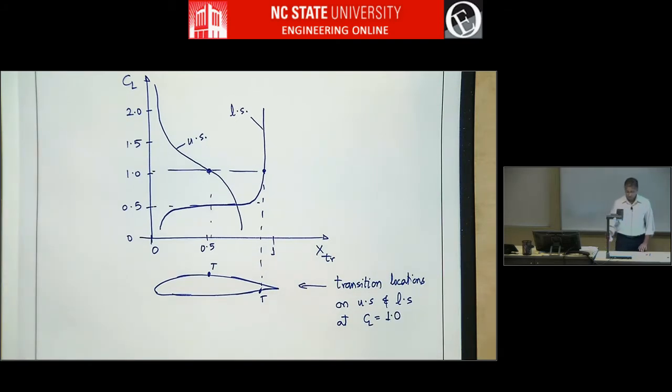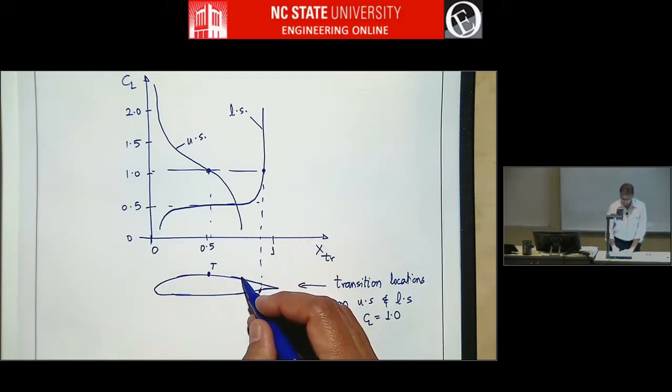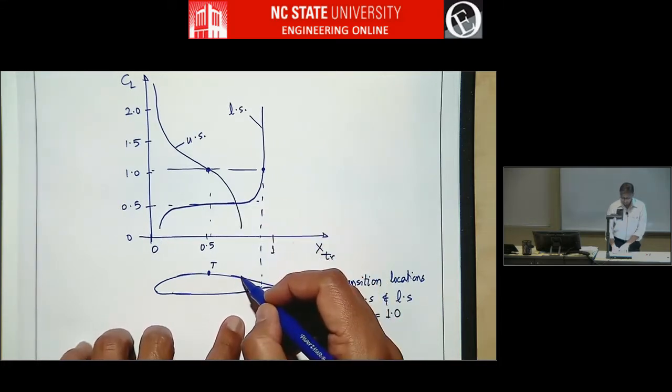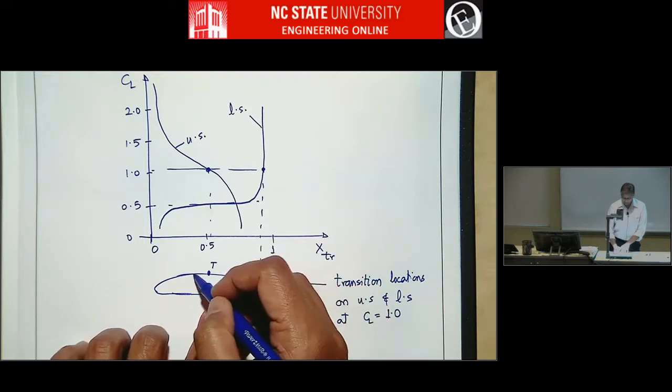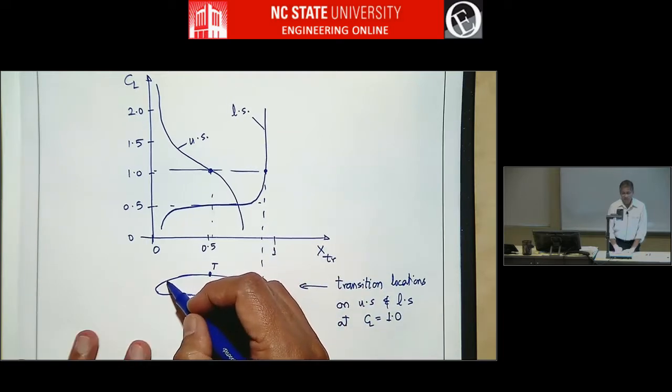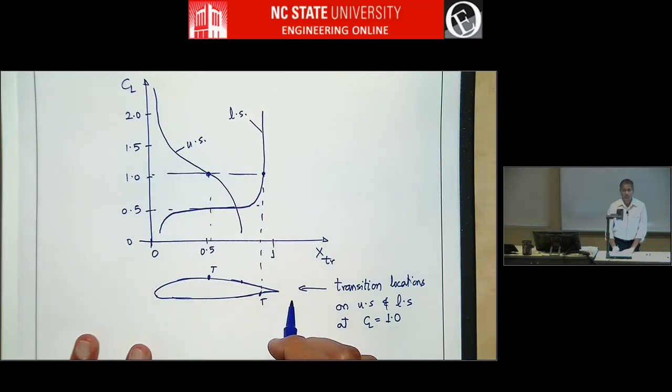And so what this says is, at low lift coefficients, you have a lot of laminar flow on the upper surface because the curve is here. As the lift coefficient increases, the transition moves here, and at high angles of attack, high lift coefficients, transition on the upper surface is somewhere here. So very little laminar flow, a lot of turbulent flow.